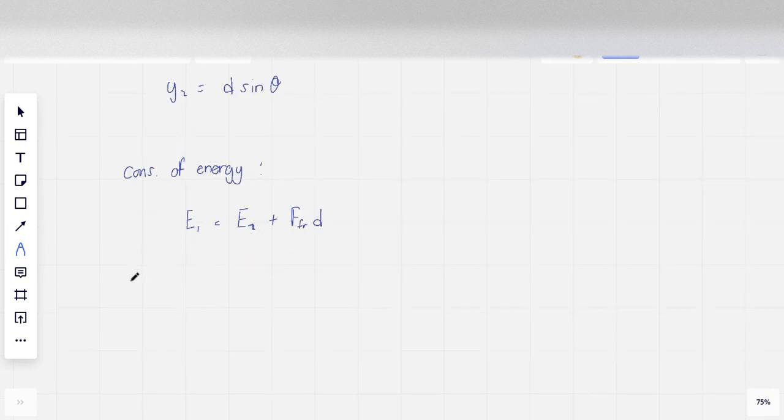And so this implies a half m v1 squared plus mg y1 is equal to the final kinetic energy, a half m v2 squared plus mg y2 plus the work done against friction, F friction times d.